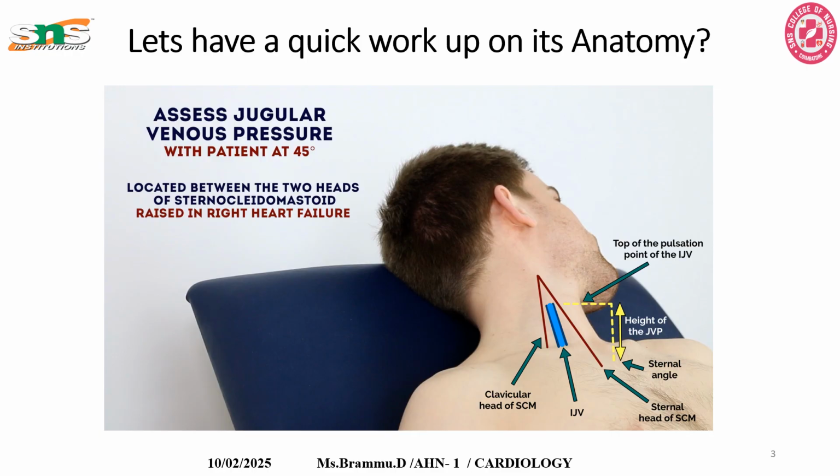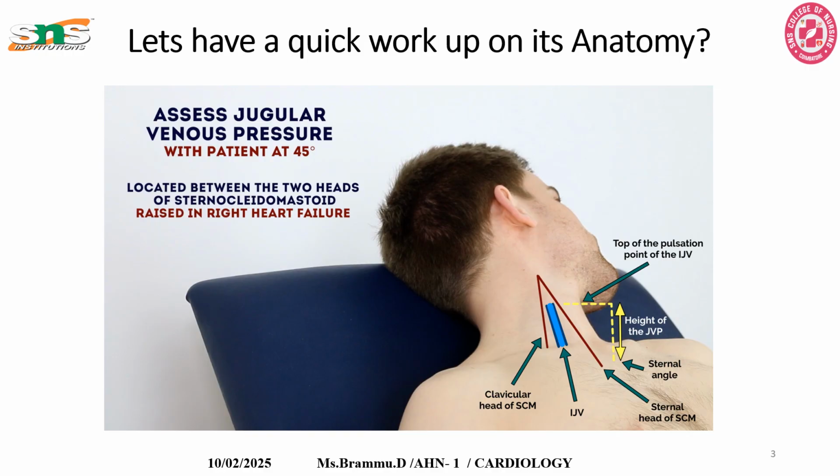When you go through this picture, you can have an idea of where the sternal angle is, and very close to it is the head of the clavicle. At the topmost level is the internal jugular vein, and you can draw an imaginary line from the sternal head to the clavicular head; the jugular vein is mostly located between these points.